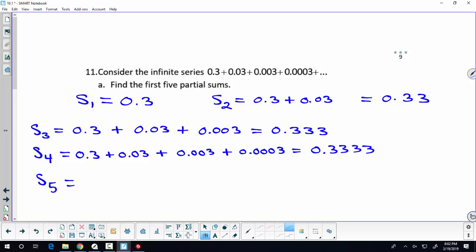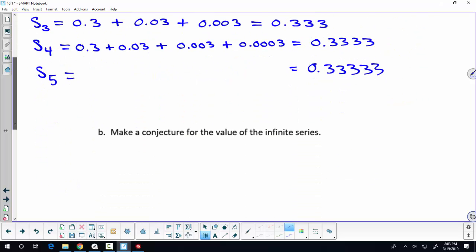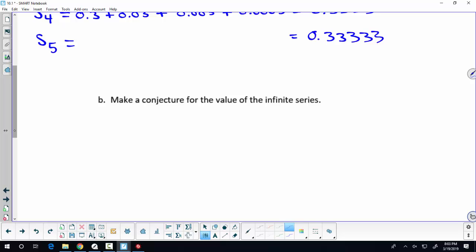And the fifth partial sum, 0.33333. Okay. And then part B says make a conjecture for the value of the infinite series. 1/3. Yeah. Seems reasonable.